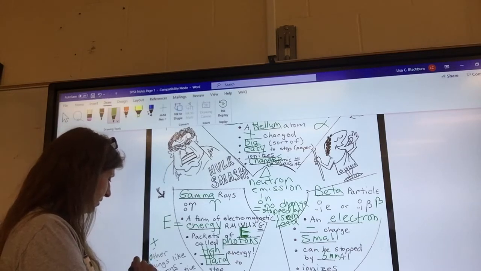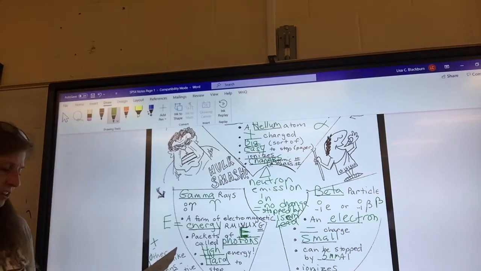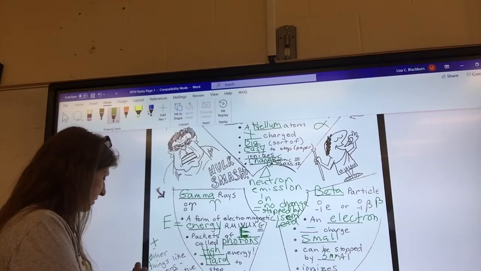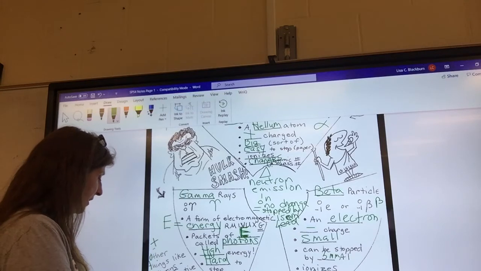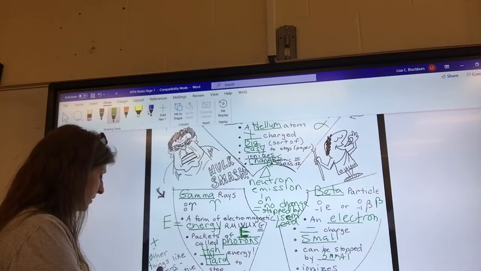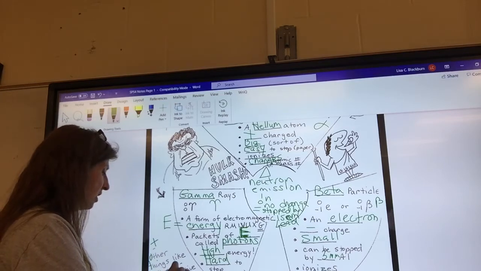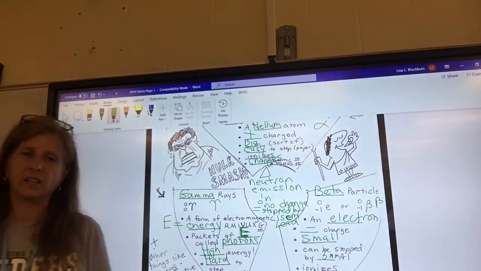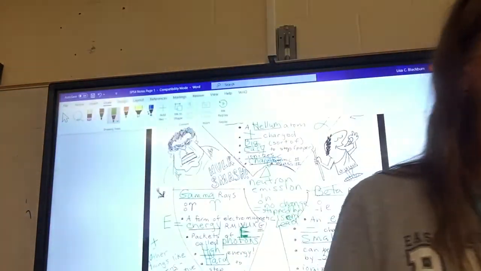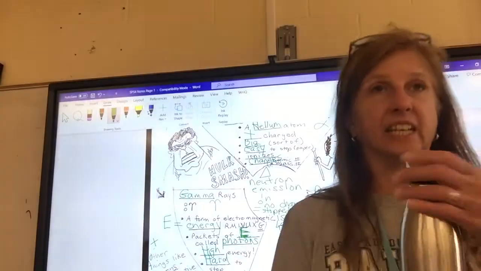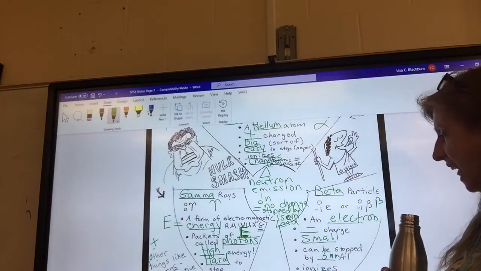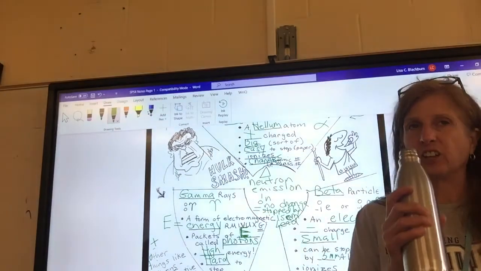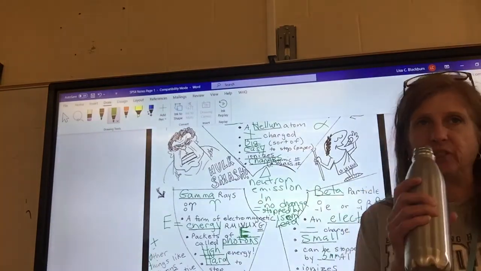Like there's something called positrons, and they are like positive electrons. You will learn more about this if you take physics. This is one area where chemistry and physics overlap, and physics goes into a little more detail. We just sort of scratched the surface.